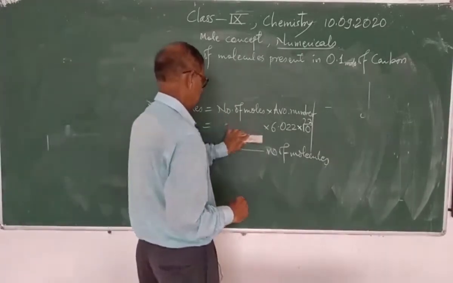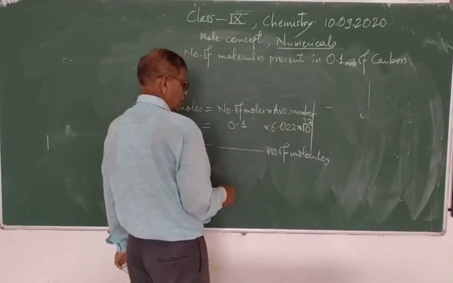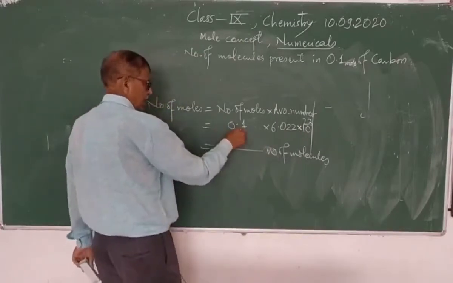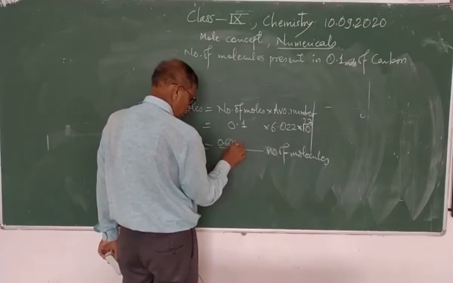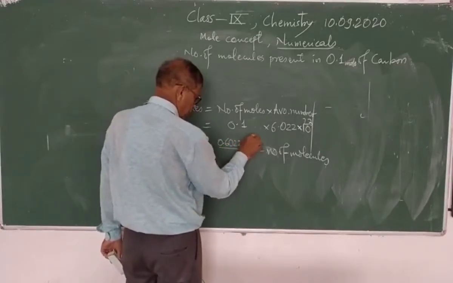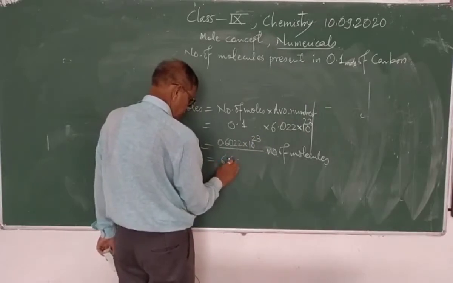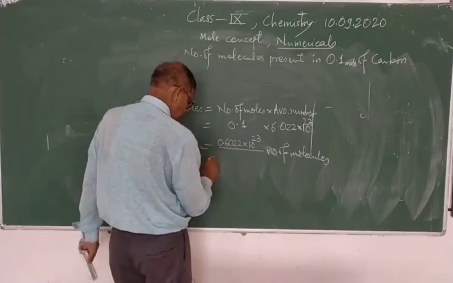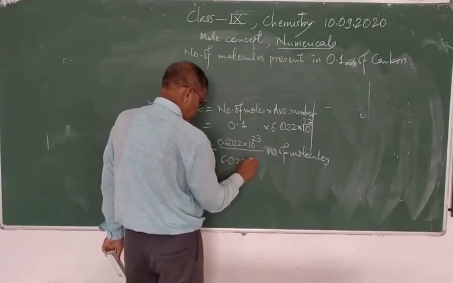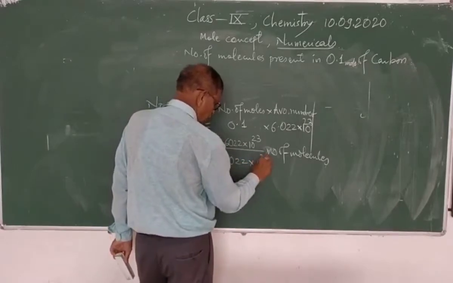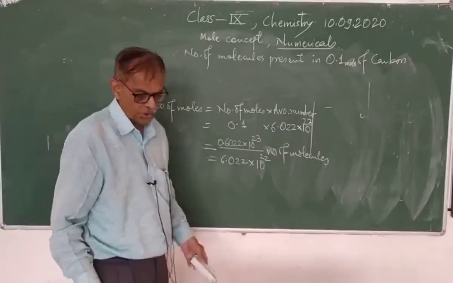Number of moles is 0.1 upon 12, 1 upon 120, which gives 0.0083. Now if you are asked for the number of molecules present in 0.1 mole of carbon, the number of moles is 0.1, so if you multiply, it will be 0.6022 into 10 raised to power 23, or 6.022 into 10 raised to power 22 number of molecules. So is it clear?